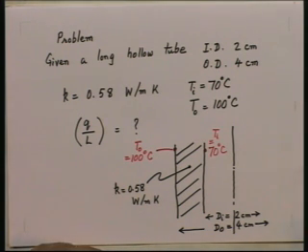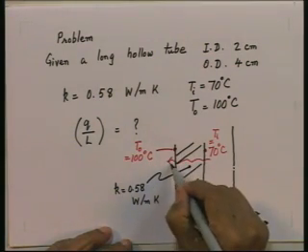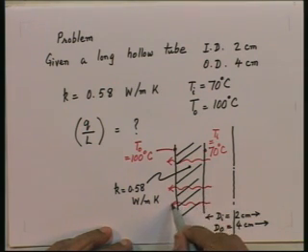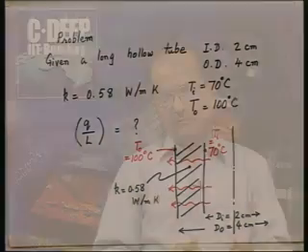We would like to find the value of Q upon L, the rate at which heat flows in the radial direction. Mind you, you can see I am drawing the arrow always in the positive r direction. It is a straightforward substitution, there are no complications in this problem.